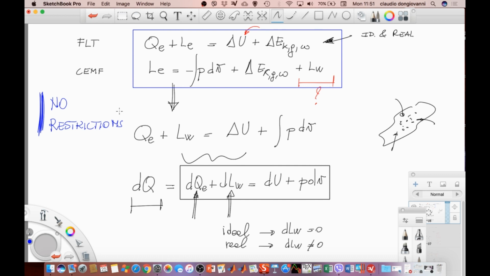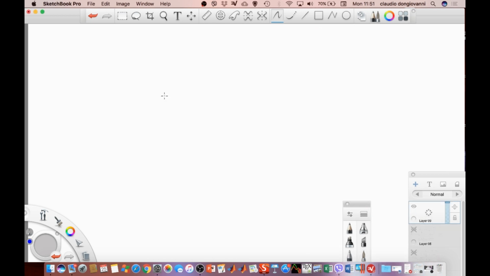At the beginning of the lecture, your colleague said, I remember, closed system and open system. And now the first law of thermodynamics for open systems. First of all, what is an open system? Like before, we have a system of mass that exchanges energy with the surrounding, but also mass.